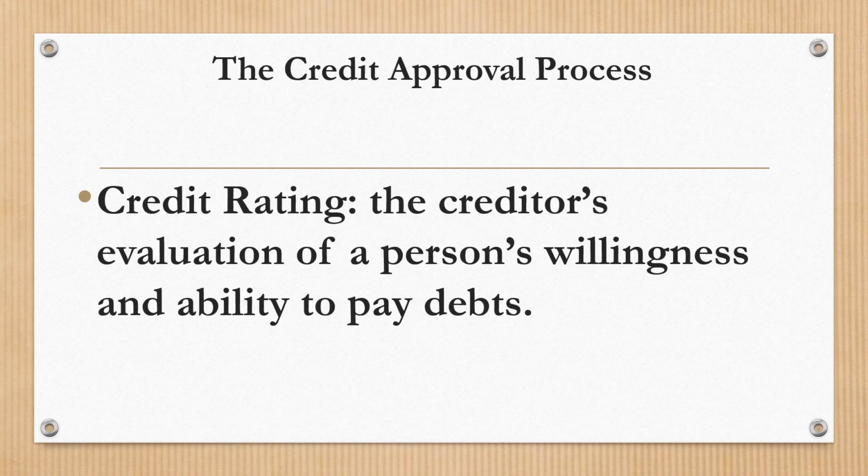So sa credit rating, the lenders, the creditors, the financial institutions are judging you. No? Merong mga criteria for judgment. May credit rating na tinatawag in order to evaluate your willingness, no, and ability to pay the debts. So that's the reason why papasok dito yung 3 C's of credit, yung character natin and our capacity.